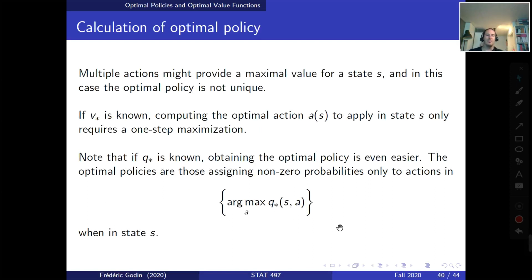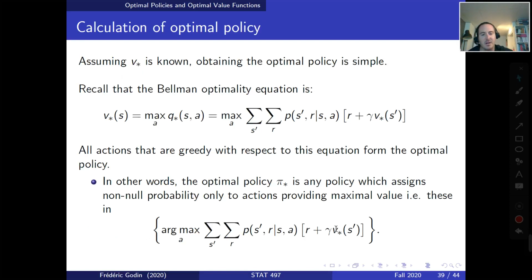As we mentioned earlier, sometimes the optimal policy is not unique, and this can be seen from the previous equation. So let's go back one slide. If there are multiple A's which give the same value for this expression, then all these actions are optimal actions in state S. It's possible that in a state there are multiple optimal actions, which means multiple actions which give equally worthy outcomes.